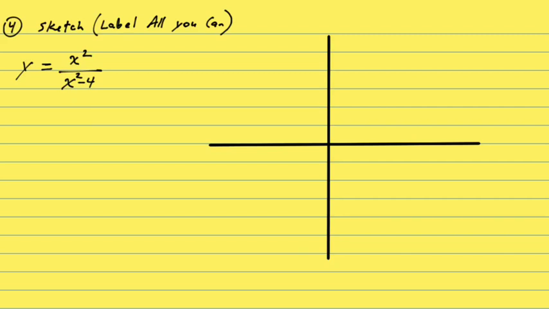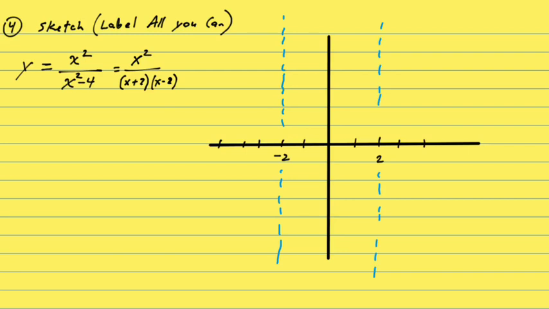I believe 2 things, because if you factor the bottom, it would be x plus 2 times x minus 2. So I think at 2 and at negative 2 create vertical asymptotes. So I'm going to make a vertical asymptote at 2 and at negative 2.